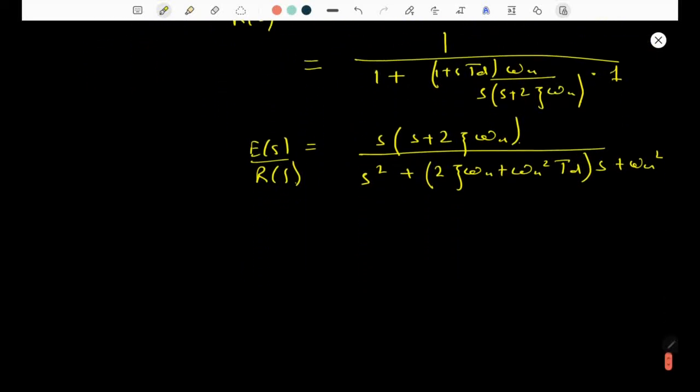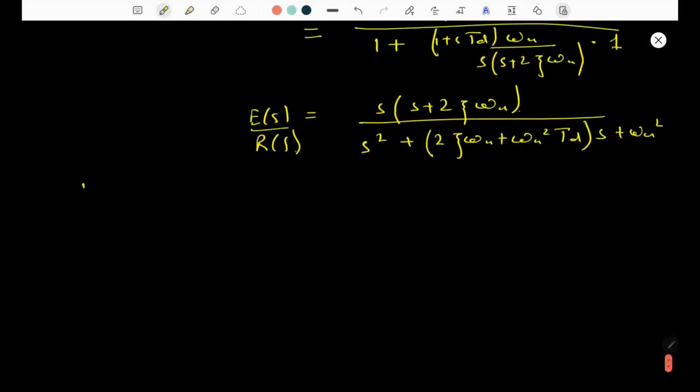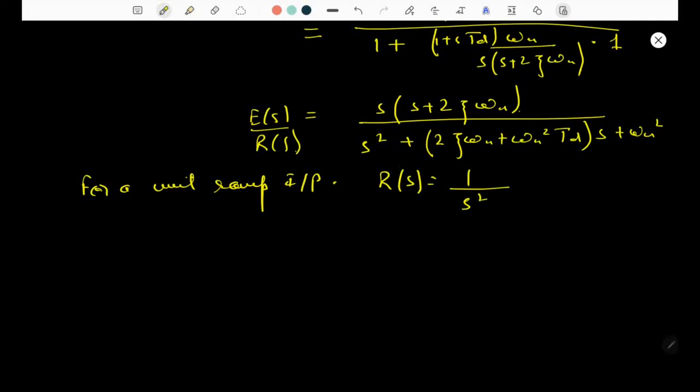Now you know what the ramp function is. So here, for a unit ramp input, R(s) is equal to 1 upon s square. All right.